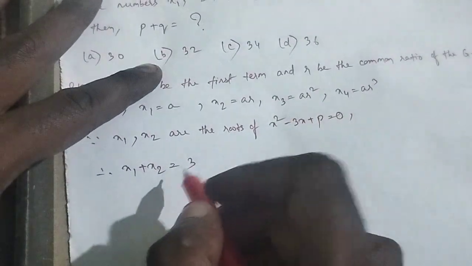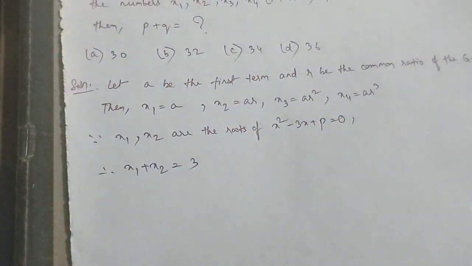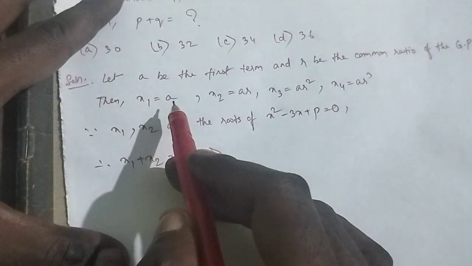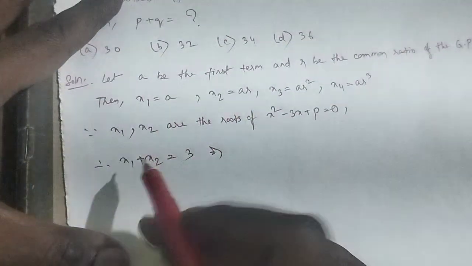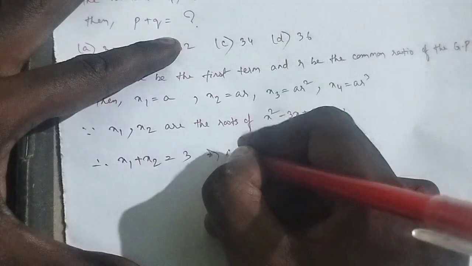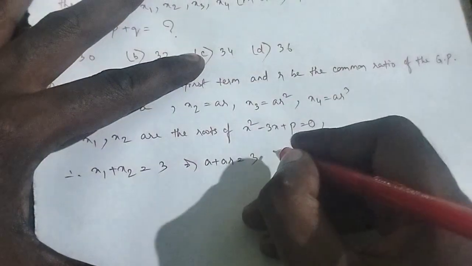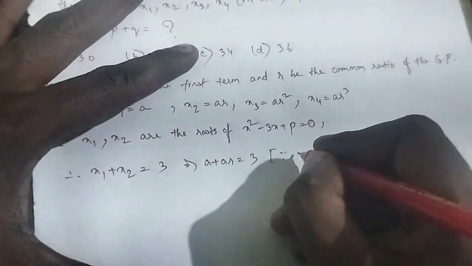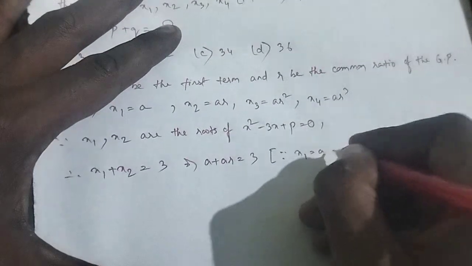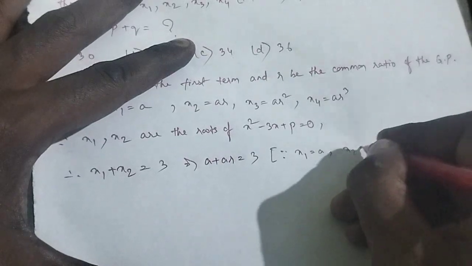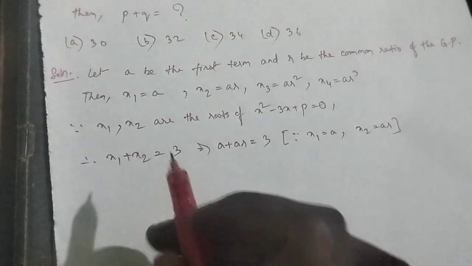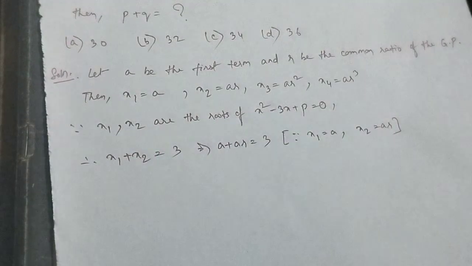Minus of minus 3 is plus 3. Okay, right? So what is x1? x1 is A, x2 is AR. So in place of this I can write A plus AR is equal to 3.